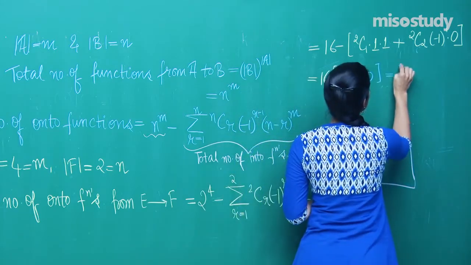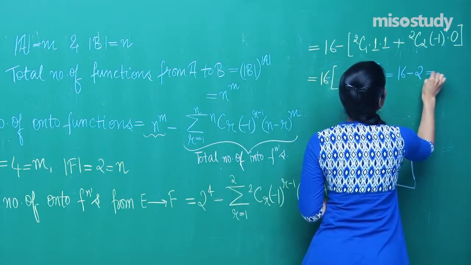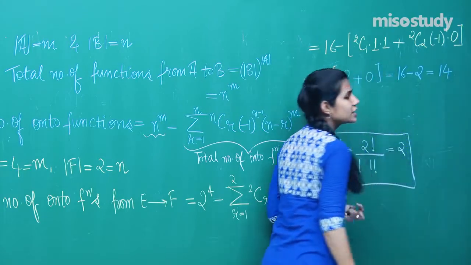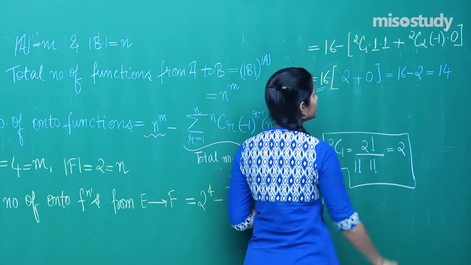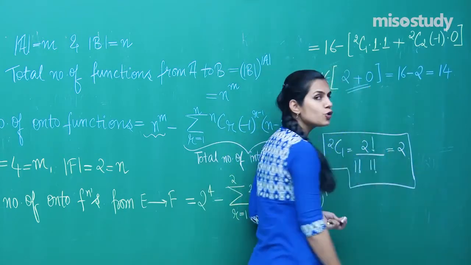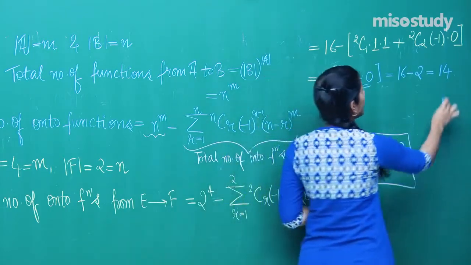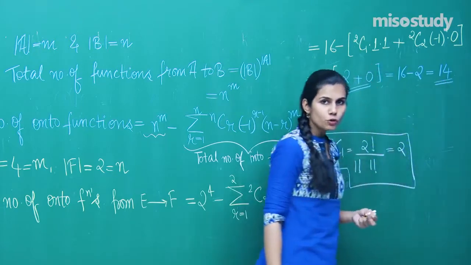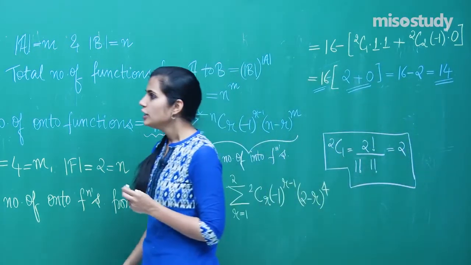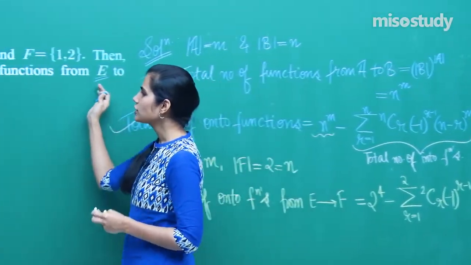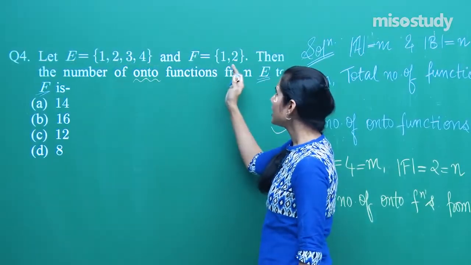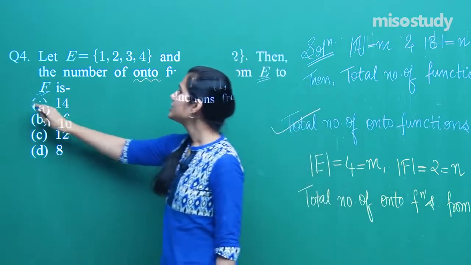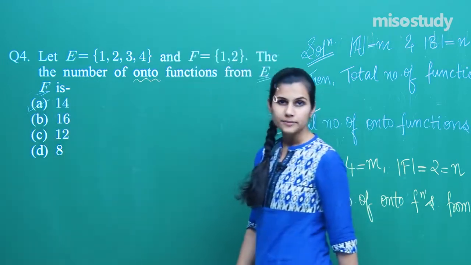And you get 16 minus 2, that is 14. Out of the total number of functions, only 2 were into functions, the rest of them, which is 14, are onto functions, and that is why the total number of onto functions from E to F, with E's cardinality as 4 and F's cardinality as 2, is 14.